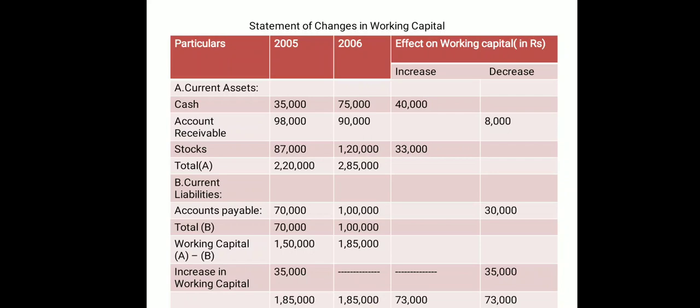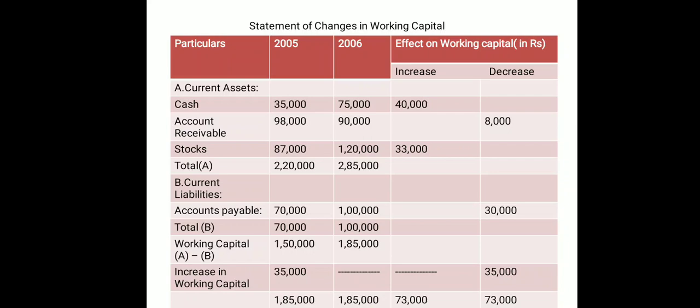So make sure that however much increase in working capital you get in the year's column, the same amount you have to get in the increase and decrease column comparison also. The amount should be the same. As you can see here very nicely, increase in working capital for 2005 I have posted 35,000, and even in the decrease column I have also posted 35,000.